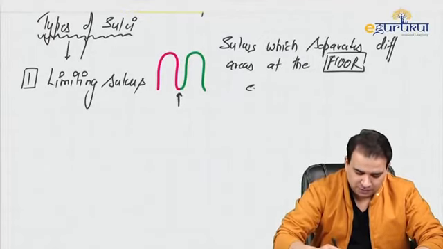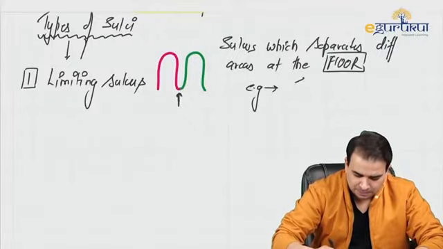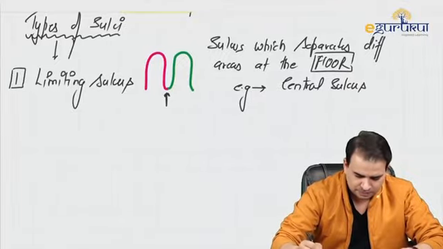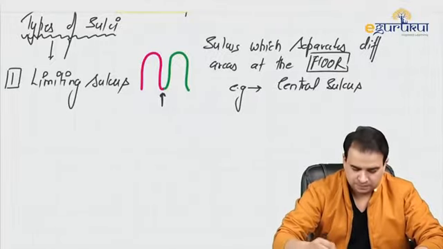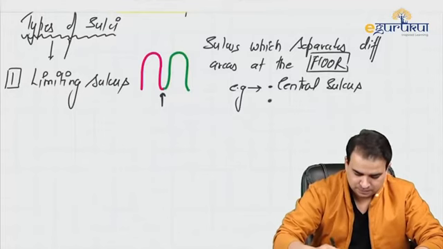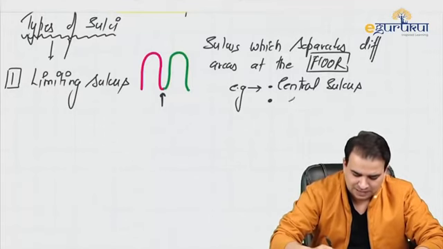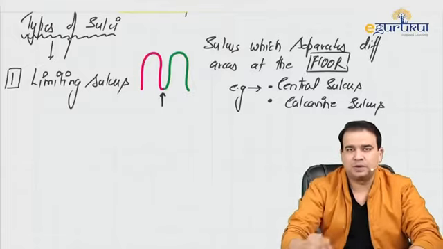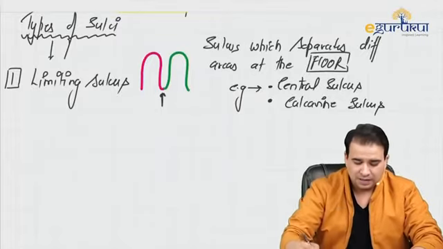The best example of the limiting sulcus is the central sulcus. Another example is the calcarine sulcus. I'll tell you more about these sulcus when we look at them on the areas of the brain.